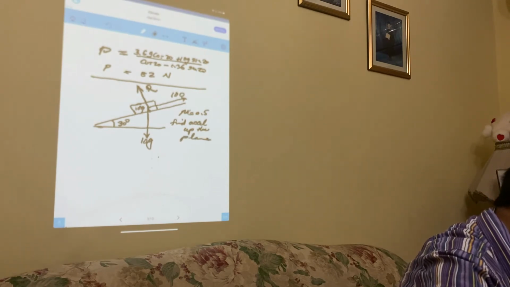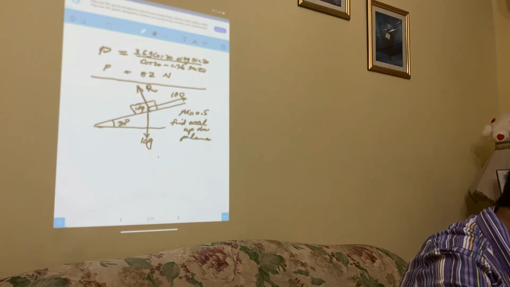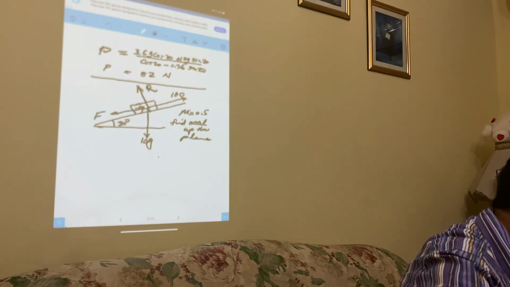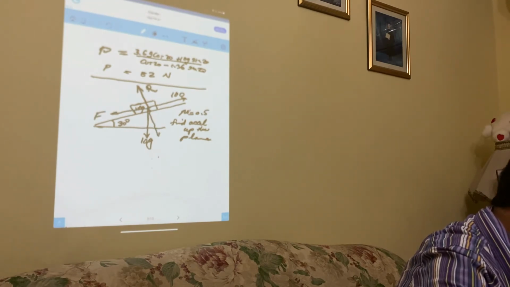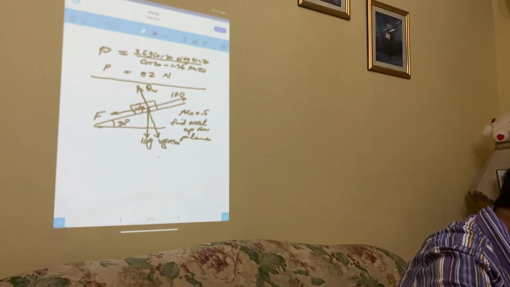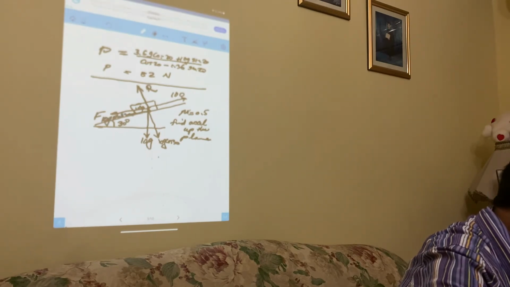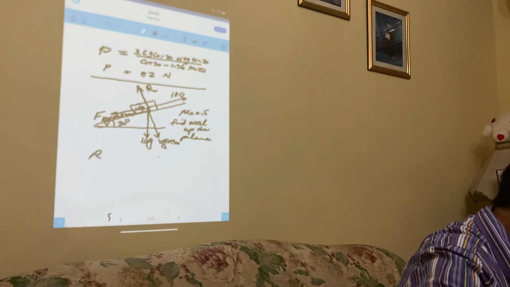Now the body moves up the plane, this means friction is down. We resolve the weight: 10g cosine 30, and this one is 10g sine 30. We get the value of R equal to 10g cosine 30.